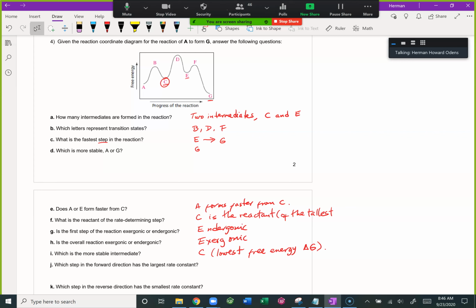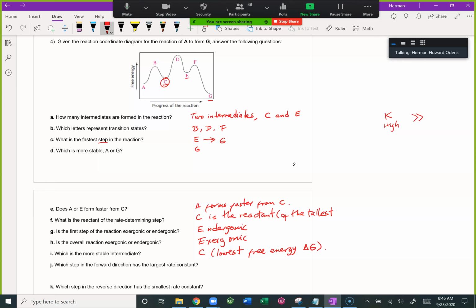So what is the largest rate constant? Remember when we say that when your rate constant is high, that means what? Faster or slower?